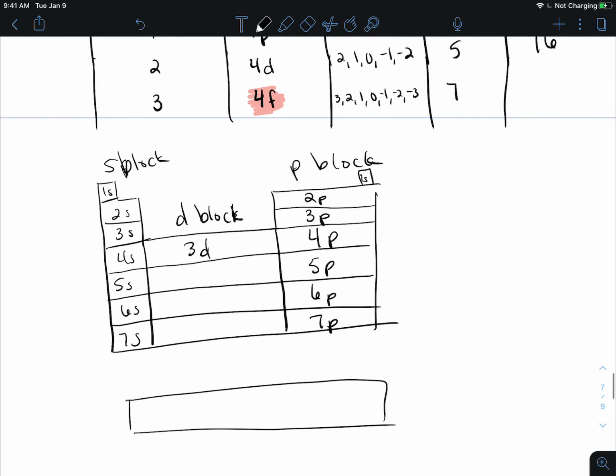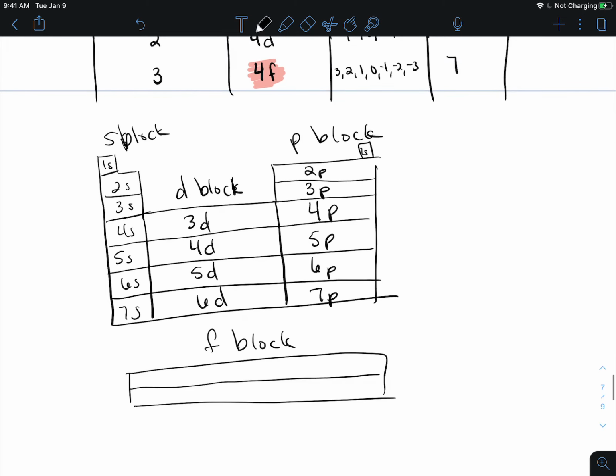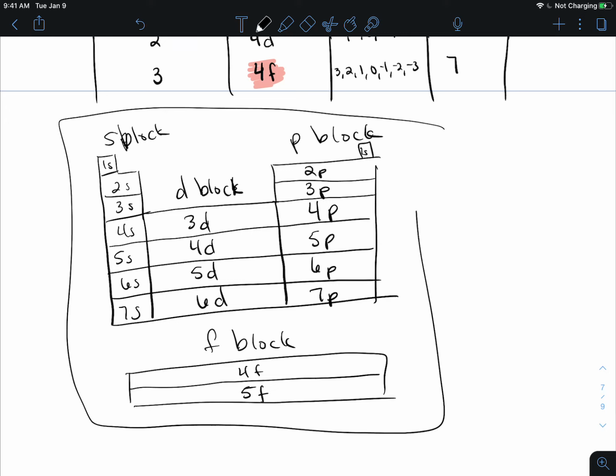So 3d, 4d, 5d, 6d. And then down here is our f block. f starts at 4: 4f, 5f. We'll be using this idea in a further lecture when we start talking about electron configurations. So write this down for now, and I will revisit this very soon.